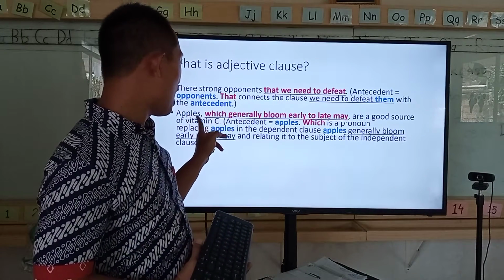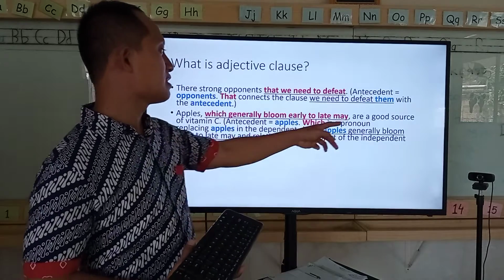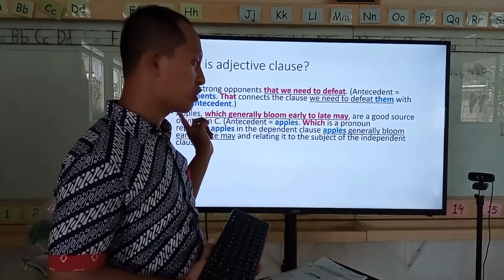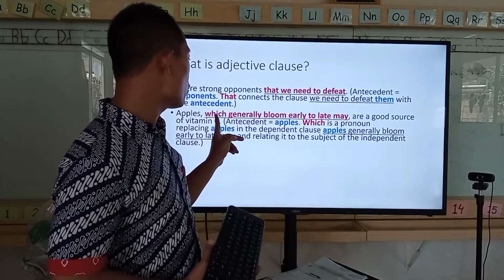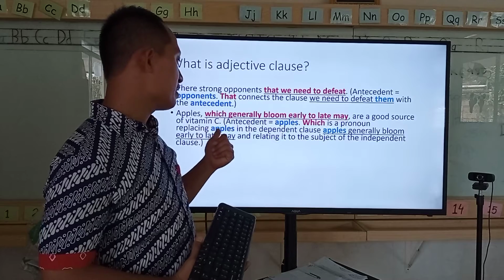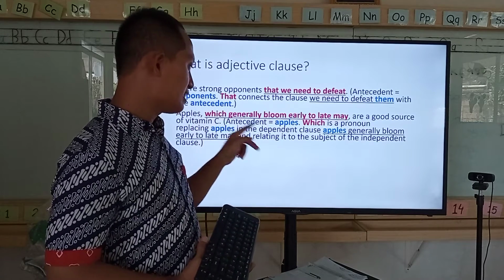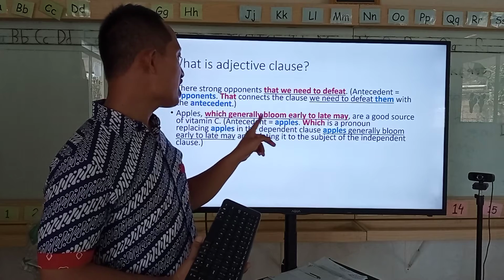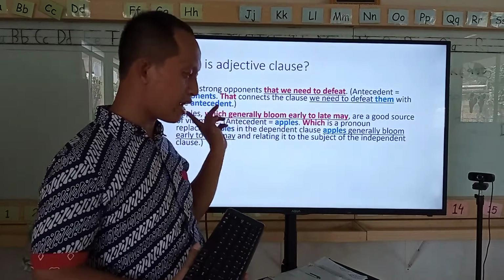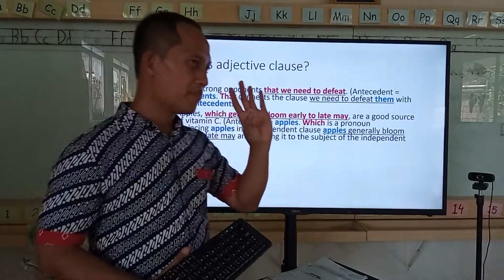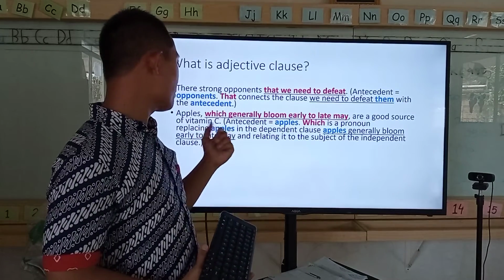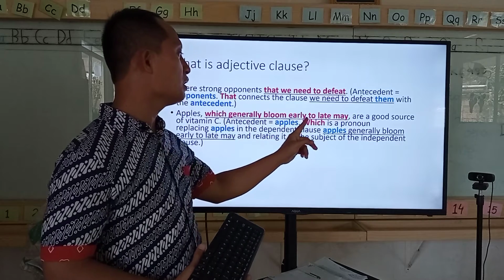Let's see the next example. Apples, which here again is what we call in our discussion before a non-defining adjective clause. Apples, which generally bloom early to late May, are a good source of vitamin C. Apples here is the antecedent. If we break down this sentence into two independent clauses, we would have: apples are a good source of vitamin C, and apples generally bloom early to late May.